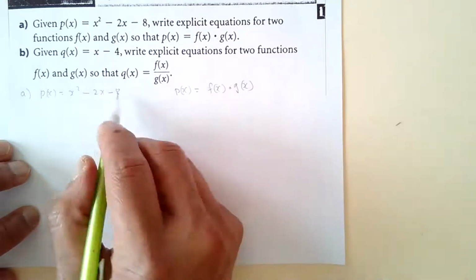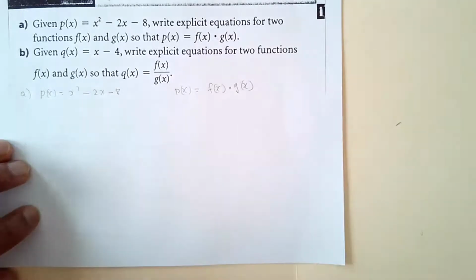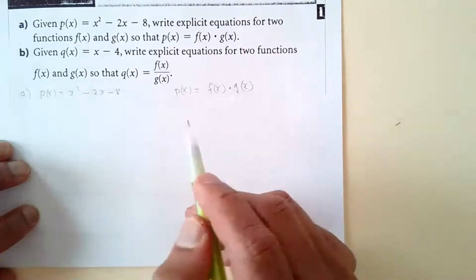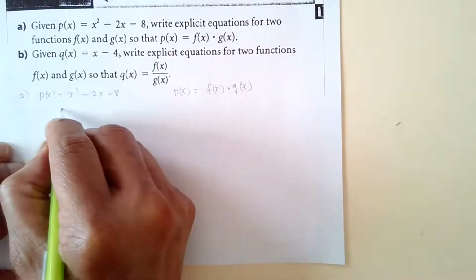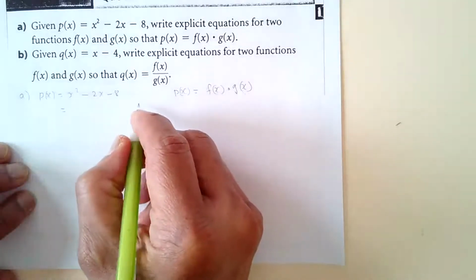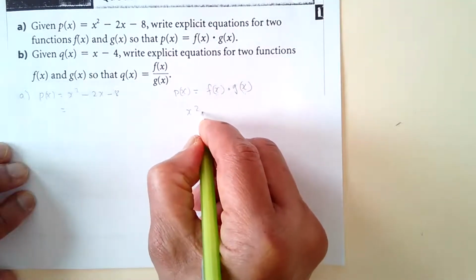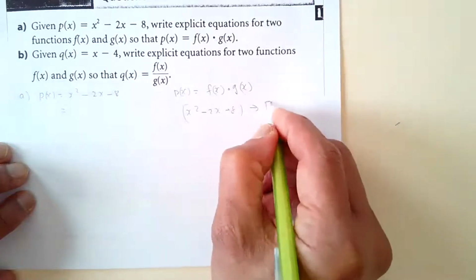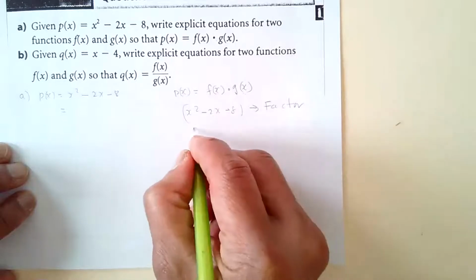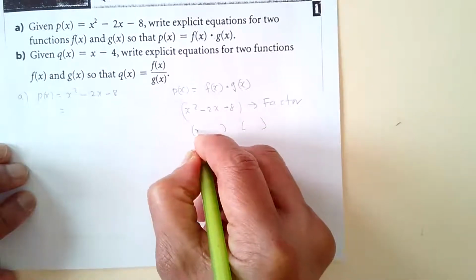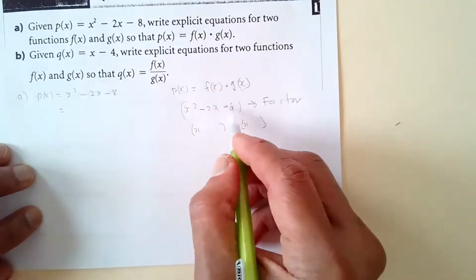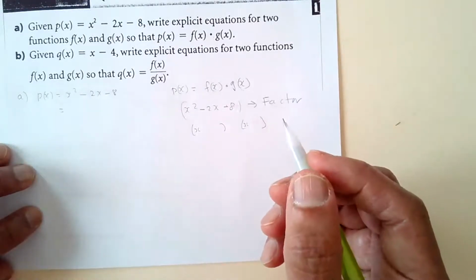So the easiest way to do it is to factor this polynomial or this trinomial. By factoring it, I end up with two binomials, and that will satisfy this. So if I were to factor x squared minus 2x minus 8, we have the x and x, and the factors of 8 are 4 and 2.